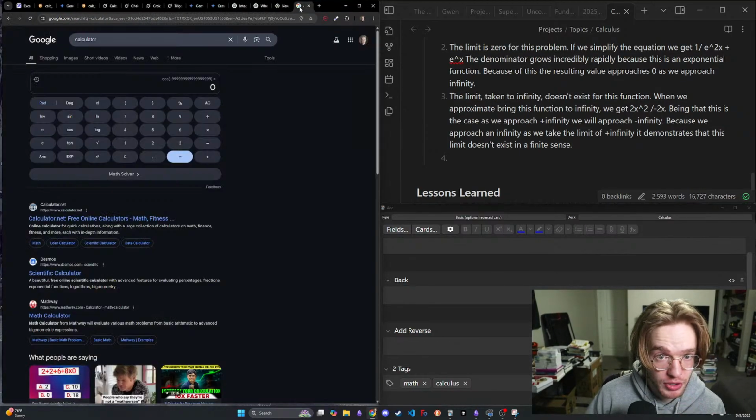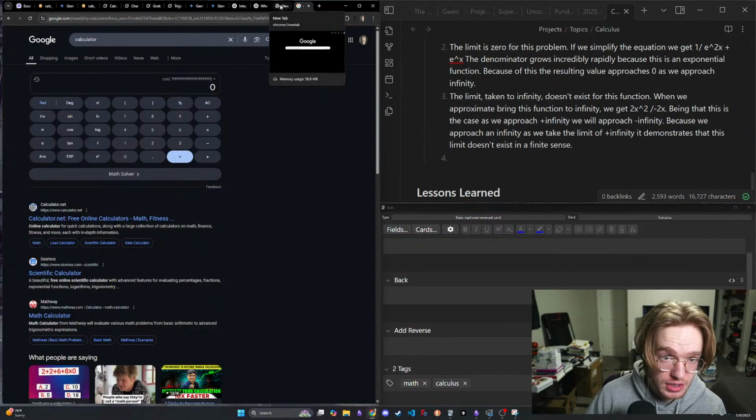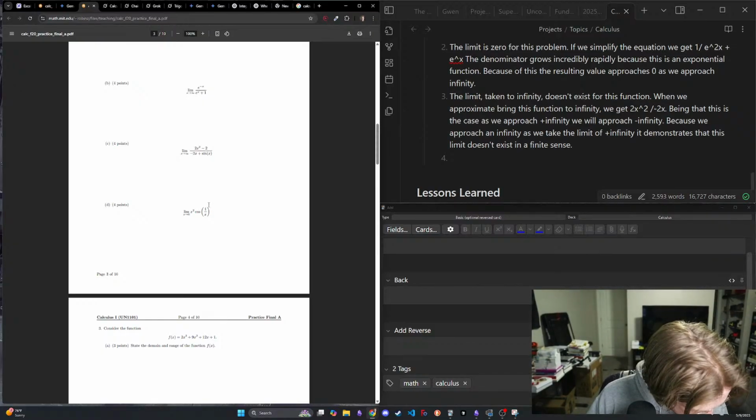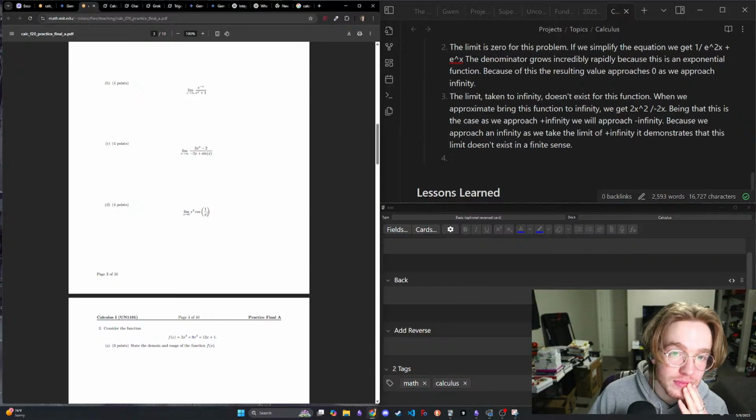And being that we're approaching 0 from either way, so we approach 0 from the left side or the right side. Oh, no, wait a second. That's incorrect. What am I saying? Oh, no, that is correct.